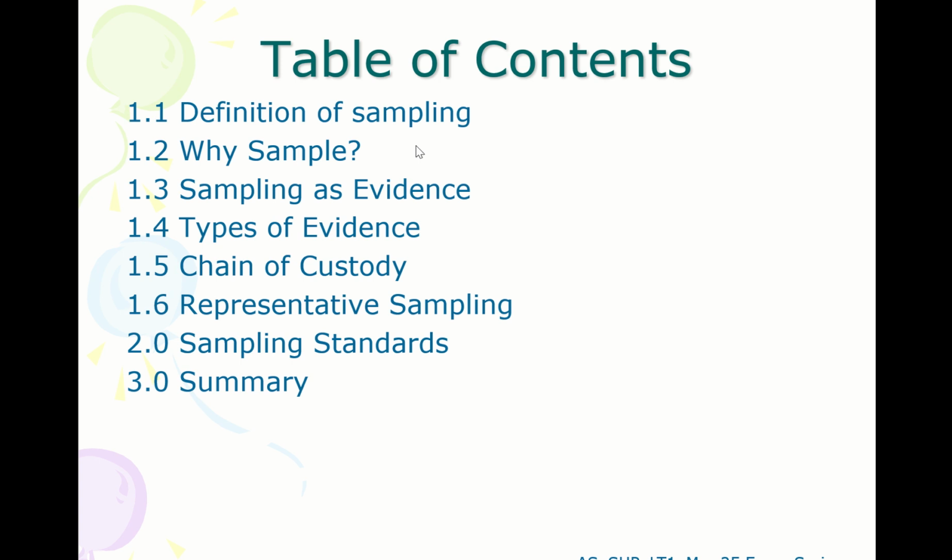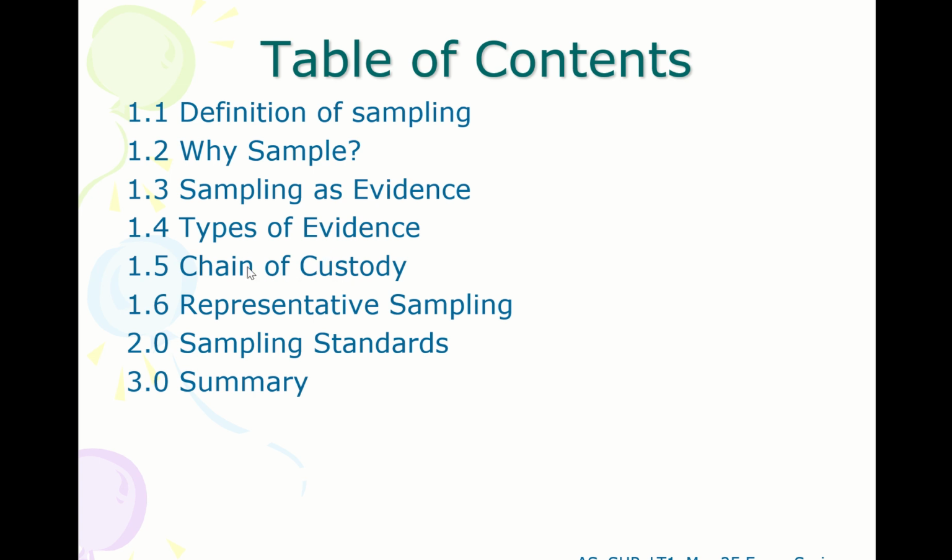Okay, so these are the contents we're covering. What is sampling? Why do you need to collect samples? Sampling as evidence. That means when you collect your sample, that sample can become evidence. Okay, that's why you need to collect them properly. Types of evidence. COC, chain of custody.